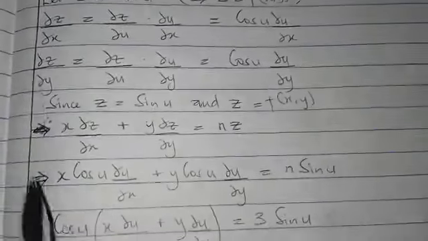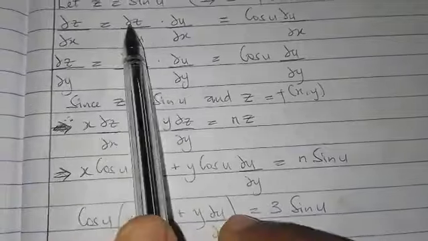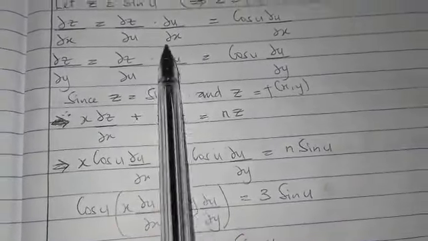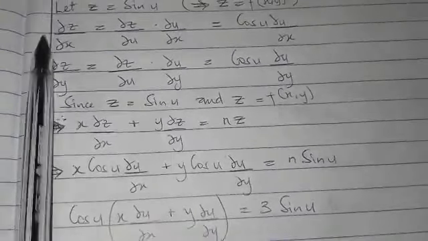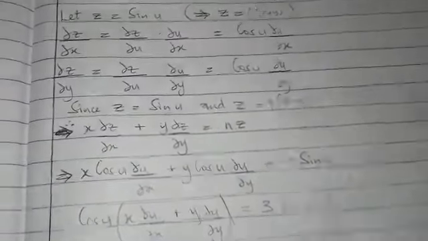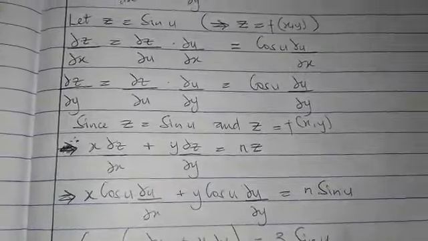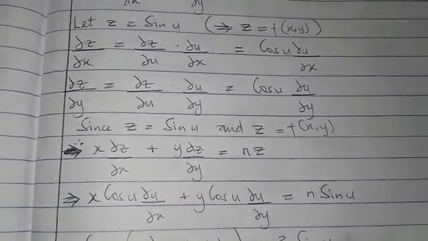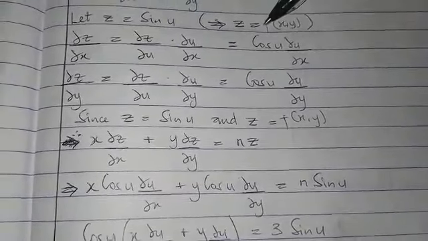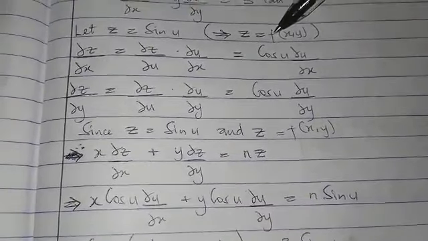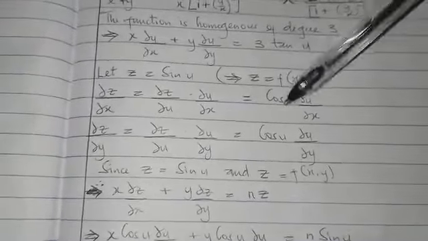So partial z over partial x is equal to partial z over partial u times partial u over partial x, from that stuff we did. If you've not watched it, check the previous video or some other videos. And partial z over partial u: can we take a look at how we got cos u?